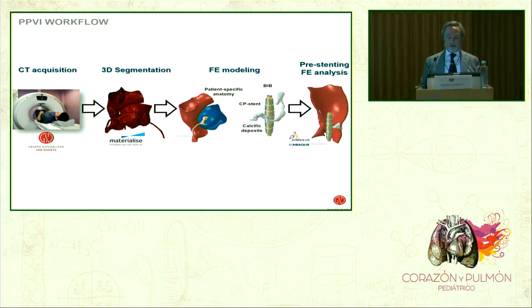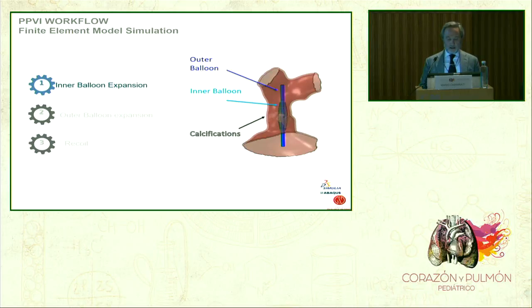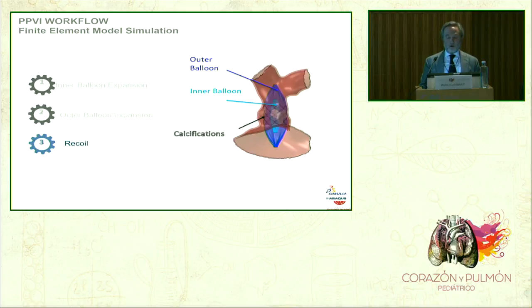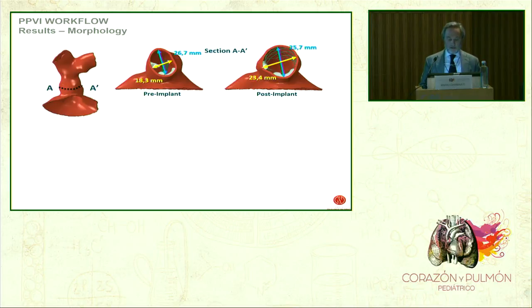We can simulate the pre-stent finite element analysis, and as you see here, that's the inner expansion of the big balloon, looking at the calcification that you may see in transparency, more in white. Then the outer balloon is expanded. We can evaluate the recoil as well. And this is the predicted behavior of the conduit size before and after stent implantation.